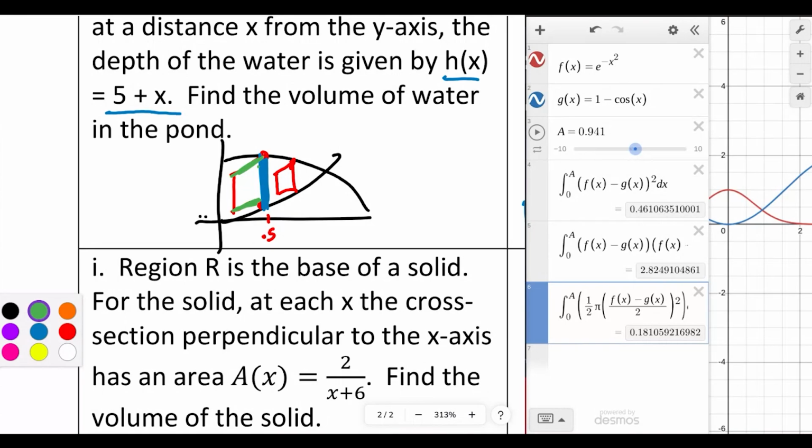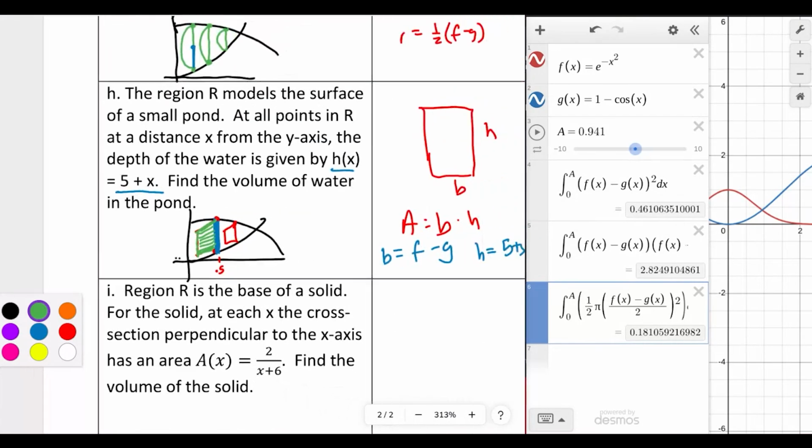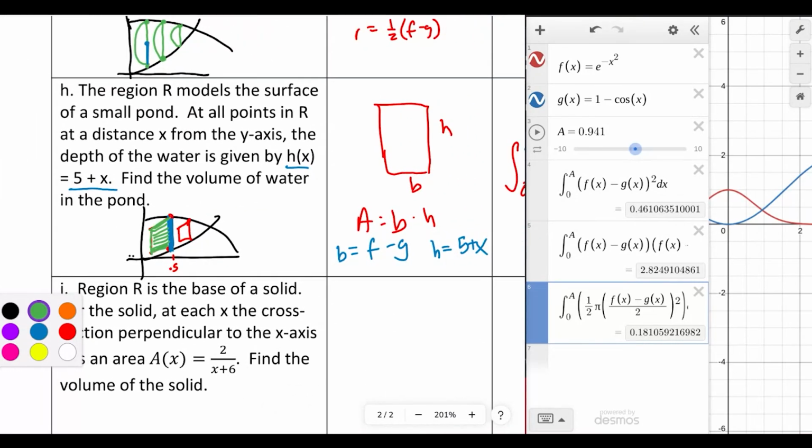So all along here, each one of these depths is 5.5. So this would construct a rectangle. This is your height. This is your base. So this would be 5 plus the x, and this is the difference between the f and the g. It's hard to visualize. If the depth is defined in terms of x, it'll always be a rectangle.